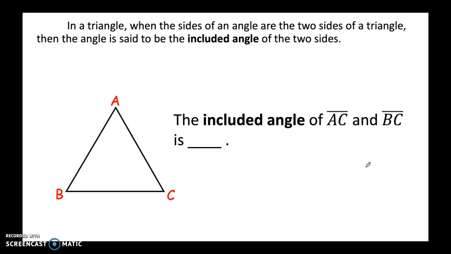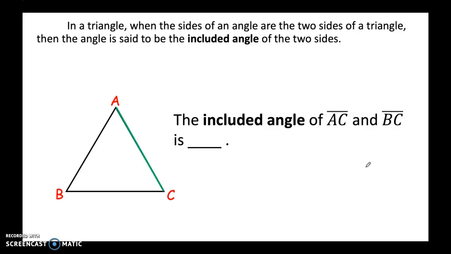Another, in a triangle, when the sides of an angle are two sides of a triangle, then the angle is said to be the included angle of the two sides. So let's determine the included angle of segment AC and segment BC.